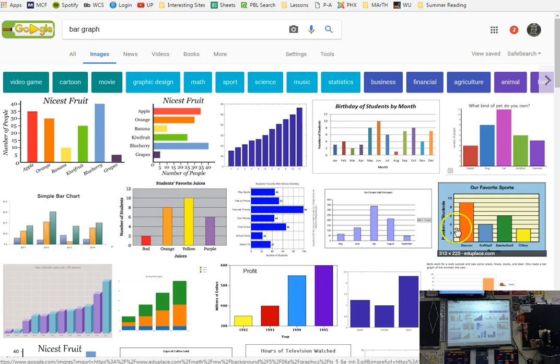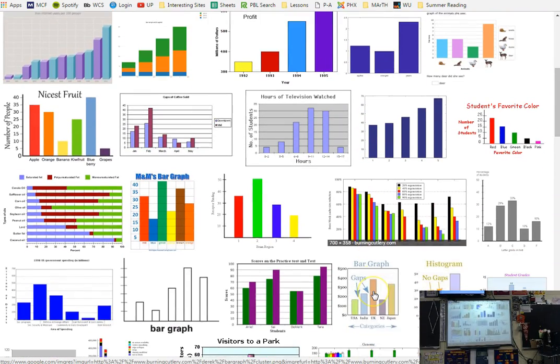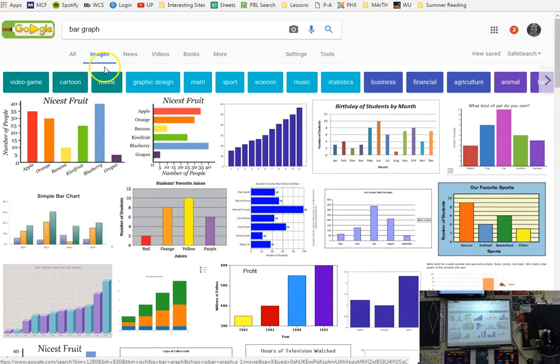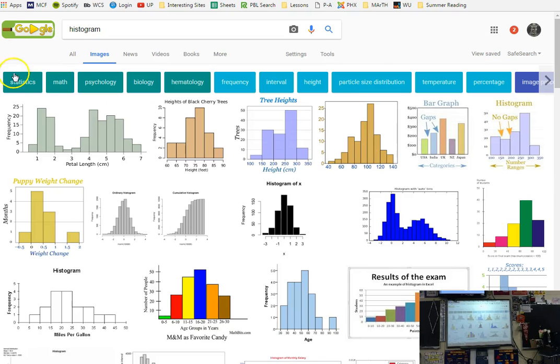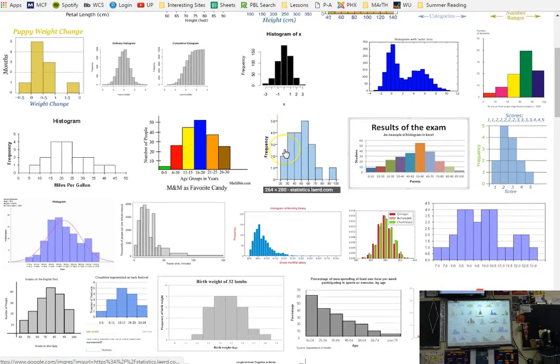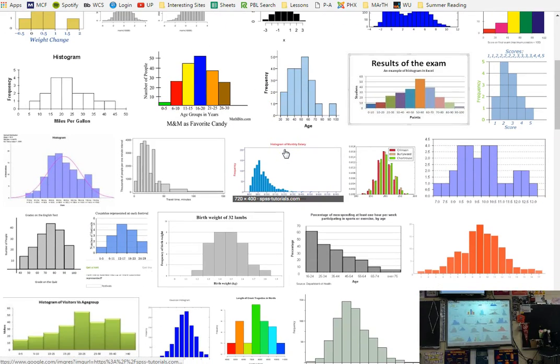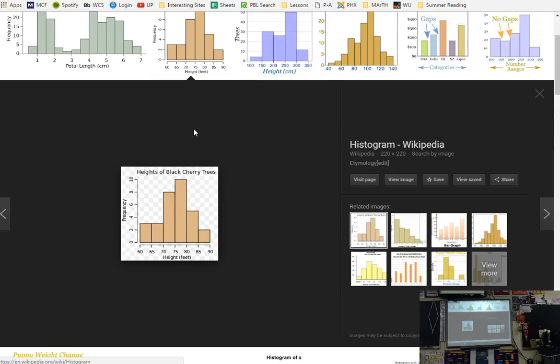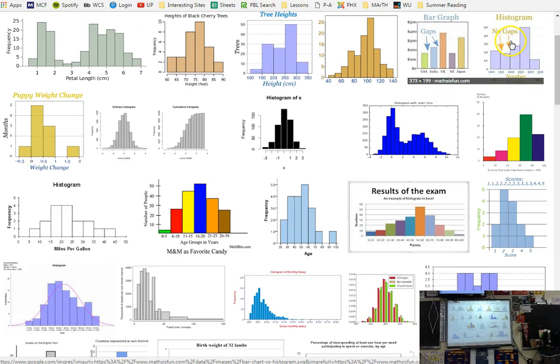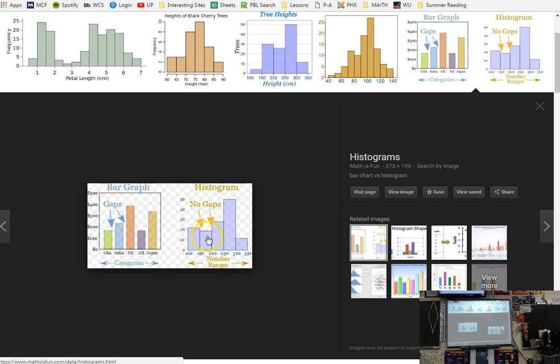So notice bar graphs, right? Take a gander versus histograms. What's one thing you notice about the bars in the histogram versus the bar graph? All right, so the biggest thing with data analysis I want to make sure we understand: the bars in the histogram don't have gaps.